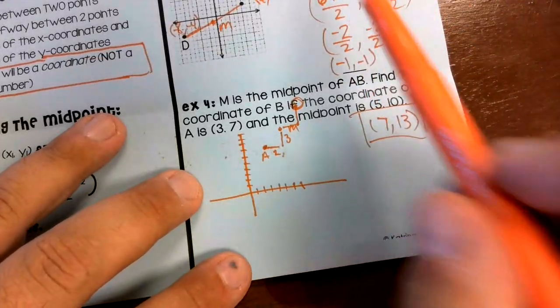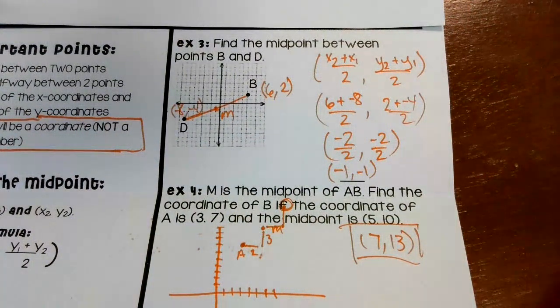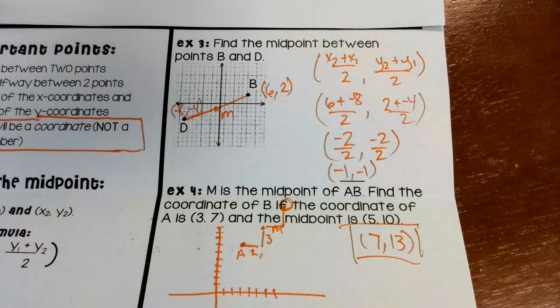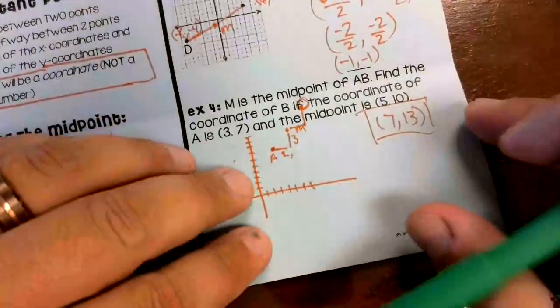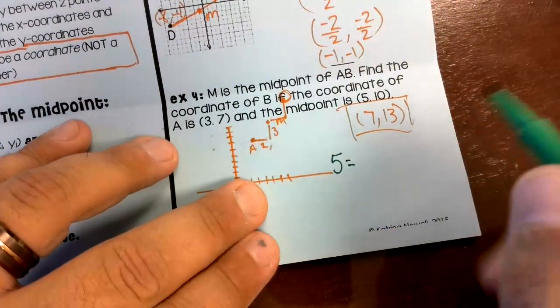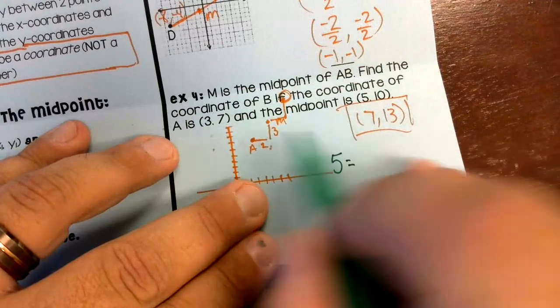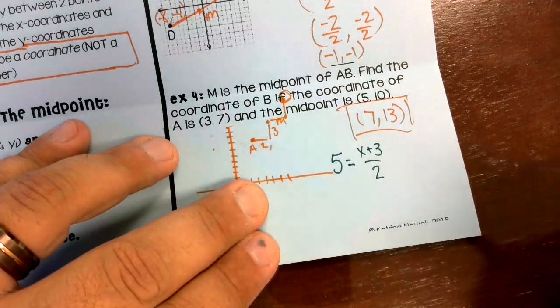What you could do algebraically, if you like the numbers, you like the little formula kind of deal, is use my midpoint. I could say that, oh, I know it's 5, that's the x value, and that's going to be equal to x plus 3 over 2.